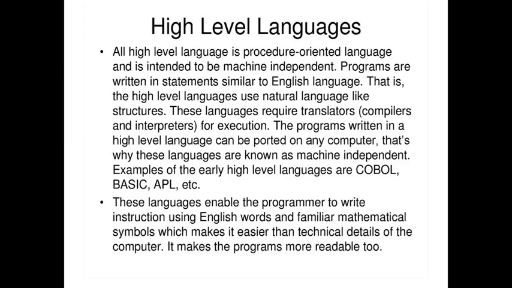These languages require a translator like a compiler or interpreter for execution, because they are not directly recognizable by the microprocessor. Therefore, translation is required. A program written in a high level language can be ported to any other computer. That is why these languages are machine independent.